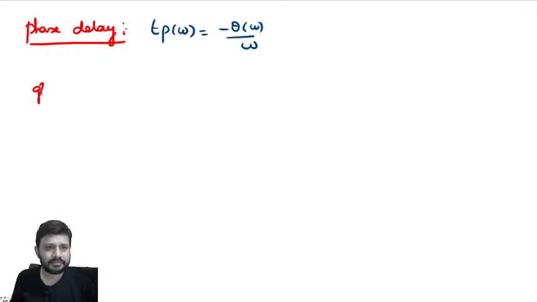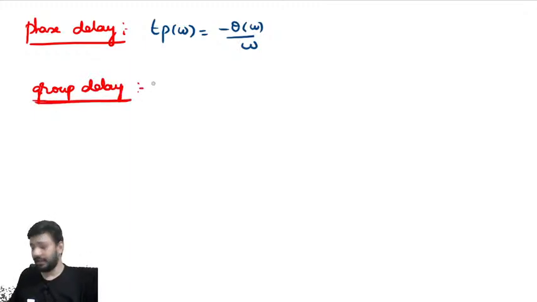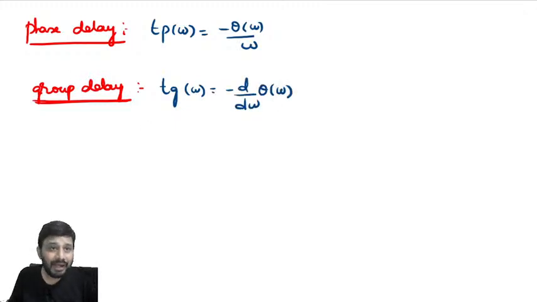Group delay: if you remember the condition for distortionless transmission and these two expressions, it is enough. Group delay is minus d by d omega of theta of omega. And remember, for distortionless transmission, these two will be equal.